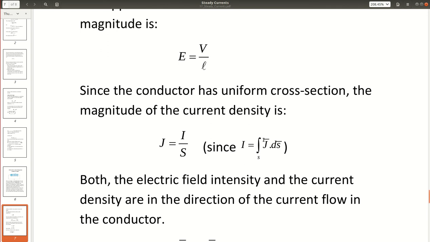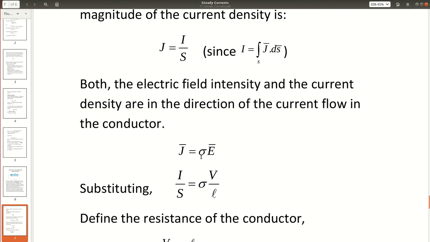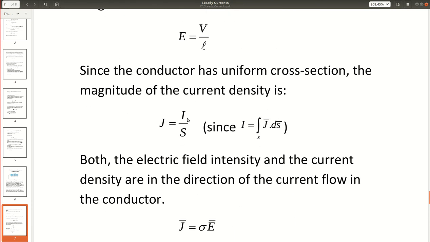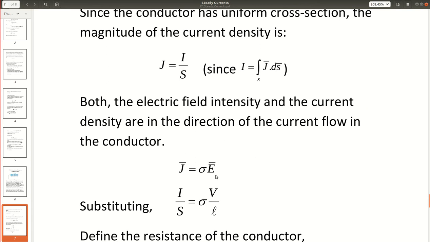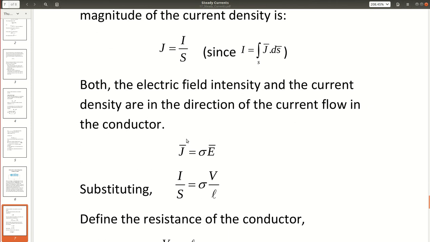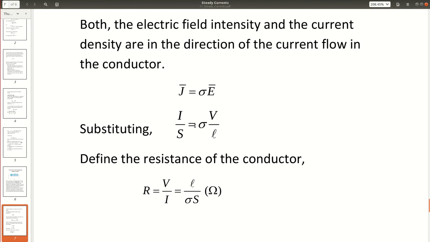Since I is equal to the integration of J dot S, and J is equal to rho E, if you take the equation here and substitute E and J, I over S is equal to rho V over L. So from Ohm's law, R equals V over I, so V over I is L over S times rho.